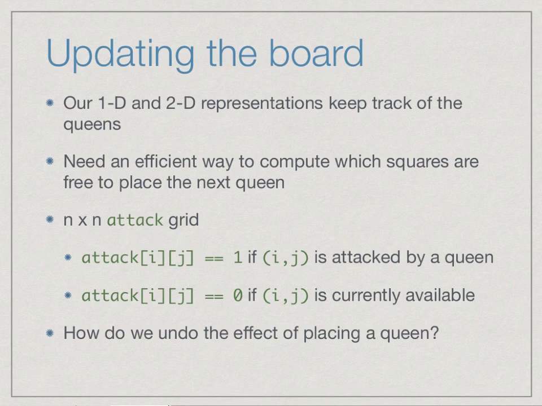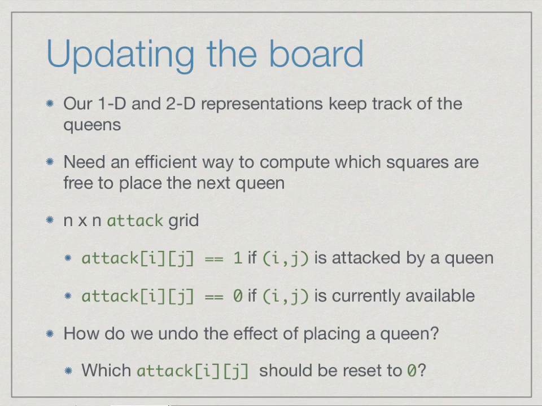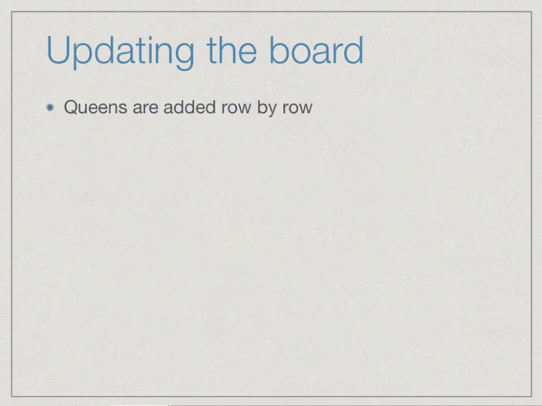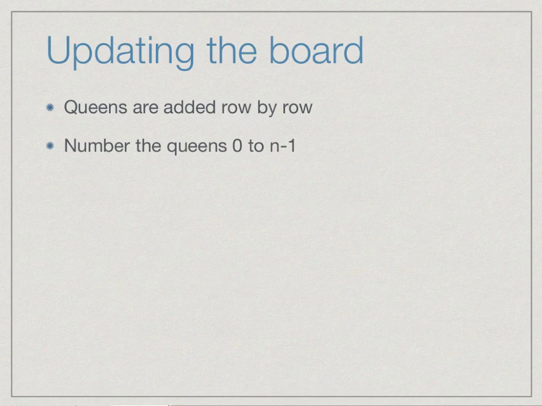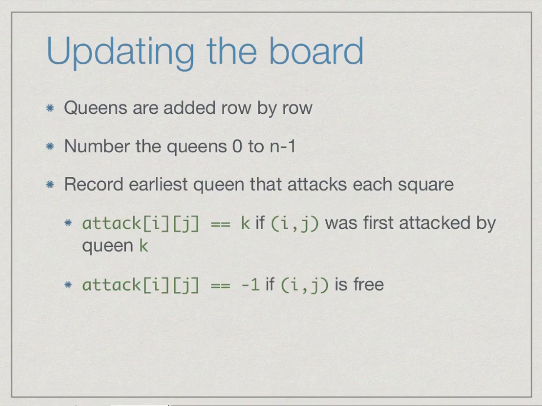So when we undo a queen, it will obviously attack many squares, but not all those squares become free by removing that queen, because some of the squares are also attacked by other queens which we had placed earlier. So we need to be careful when we remove a queen in order to mark squares which were attacked as being free. Well, one way to do this is to actually number the queens and record the earliest queen that attacks each square.